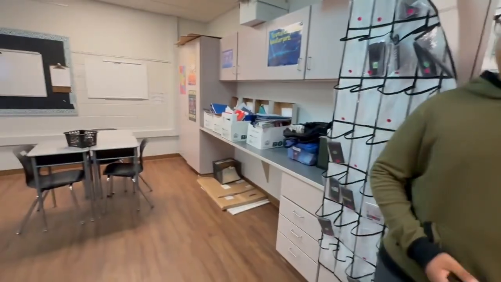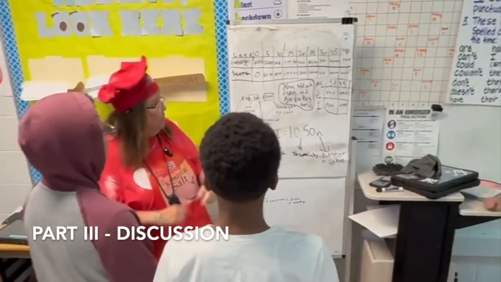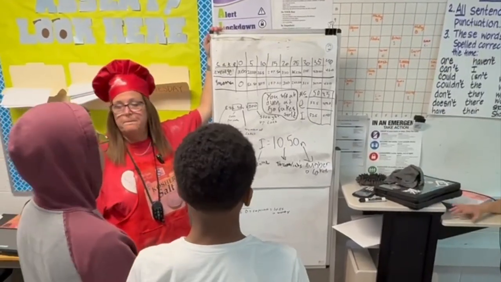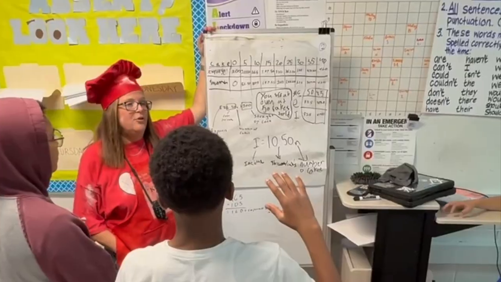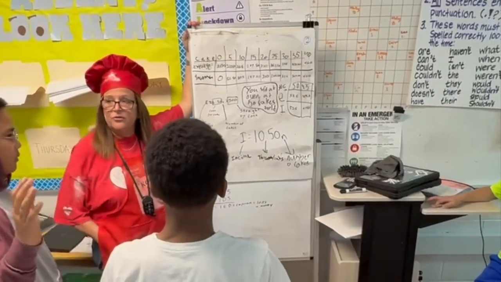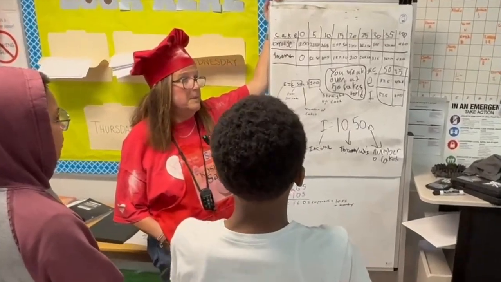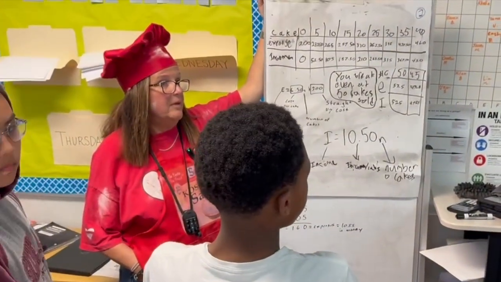Okay, if you could meet me up here, please. Looking at this one, who can tell me what our break-even point was? Thank you, Jay, but Jay and Eli, you can't because this is yours. 50. What does that mean, 50? Cakes sold.